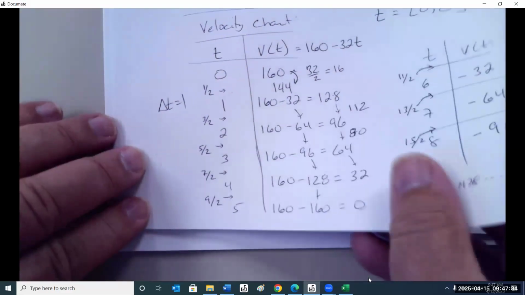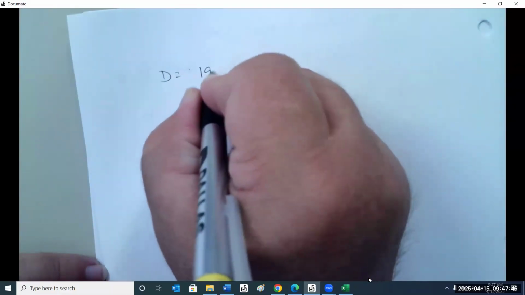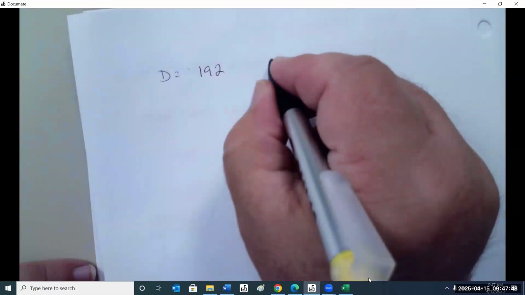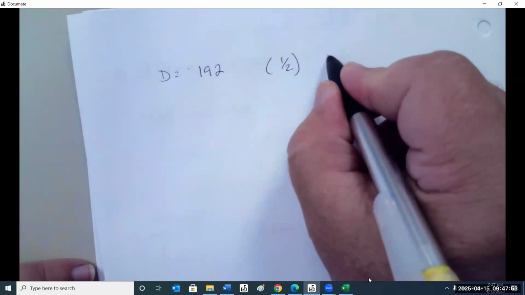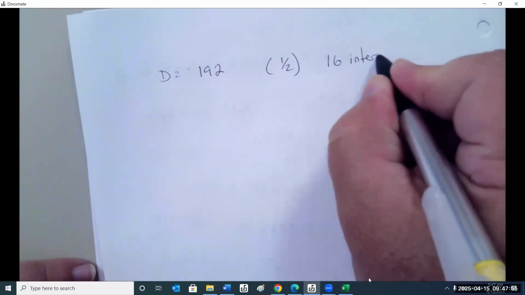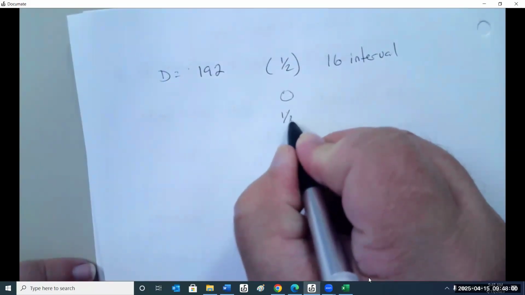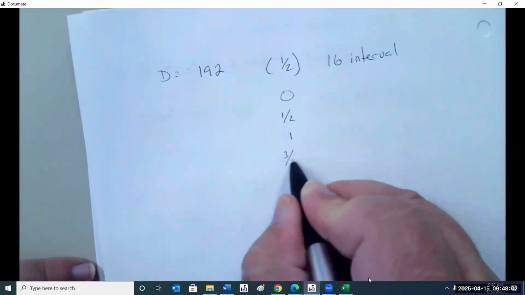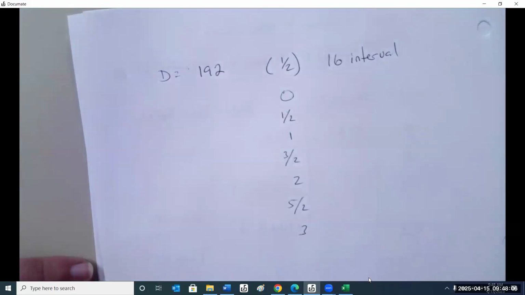Here's what's going to happen. When we do our intervals, the total distance traveled is going to be 192. That's using the half interval. So how many intervals do we have? 16 intervals, because we have from 0 to 1/2, to 1, to 3/2, to 2, to 5/2, to 3, and so on and so forth.